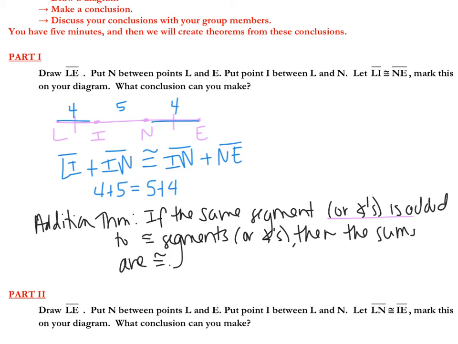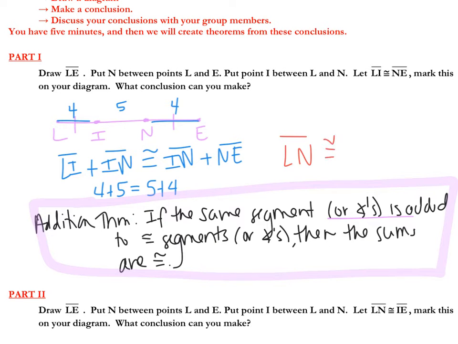And that's what we just did in this example. We took two congruent segments, LI and NE, and we added IN to both. So we took the same segment and added it to two congruent segments, so the sum is congruent. So for our final statement, we're going to say LN is congruent to IE.